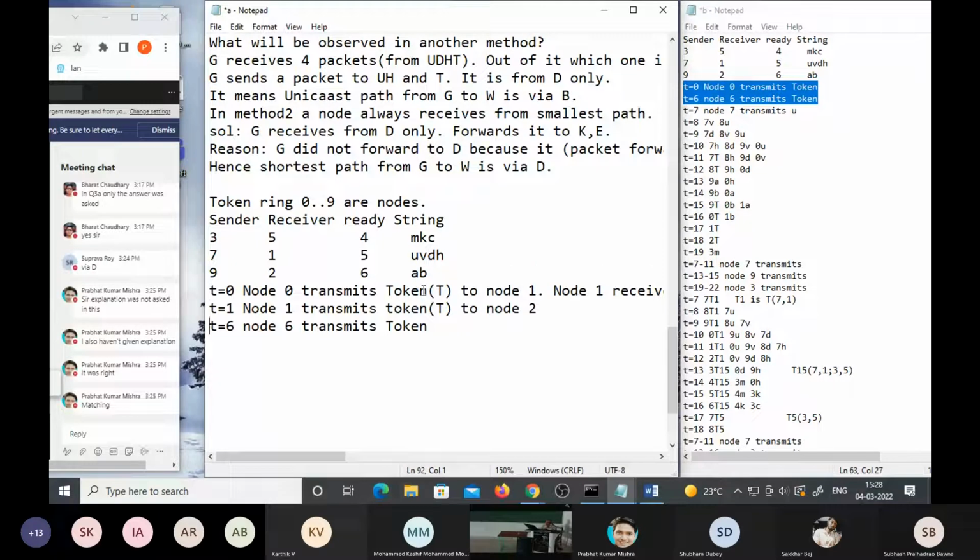Similarly, at time t equal to 6, node 6 transmits token to node 7. At t equal to 7, node 7 transmits token T1 to node 8.